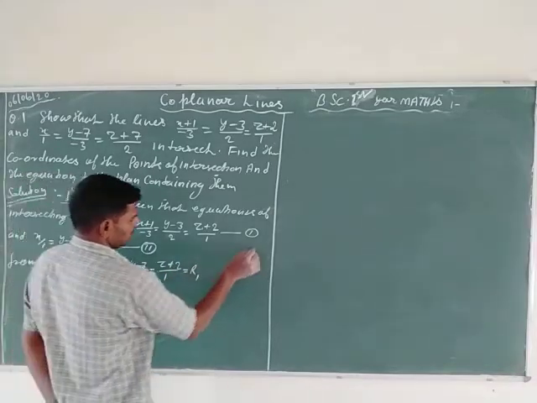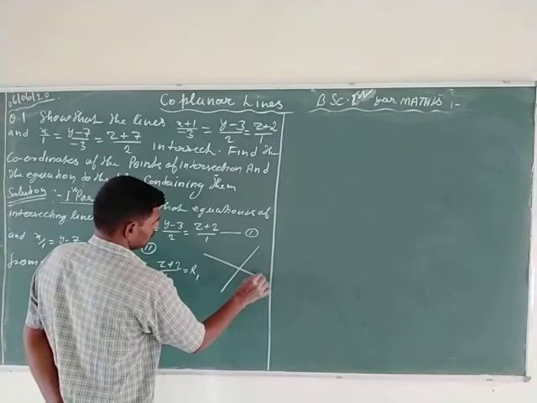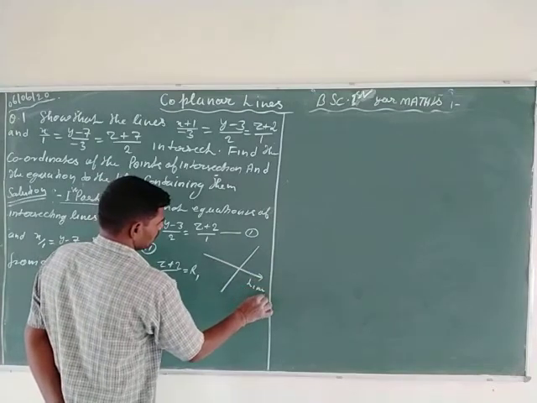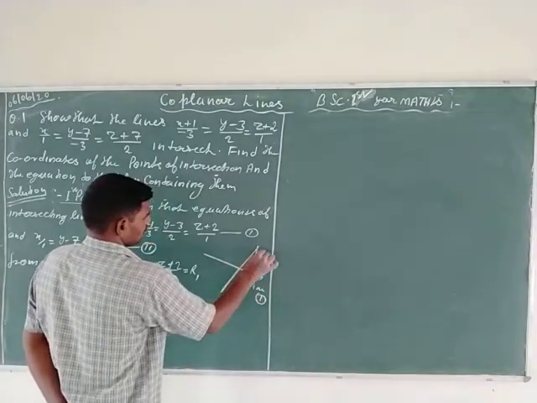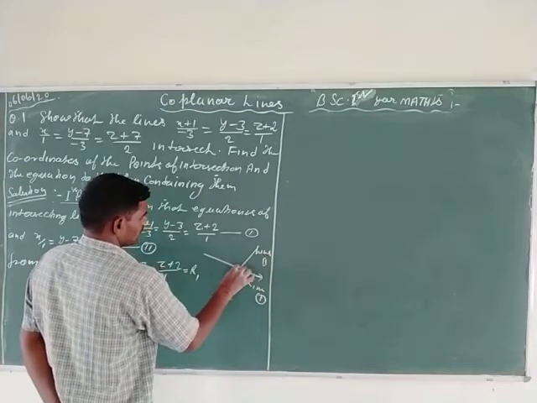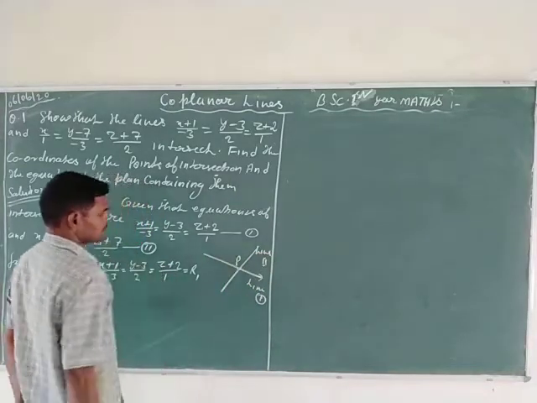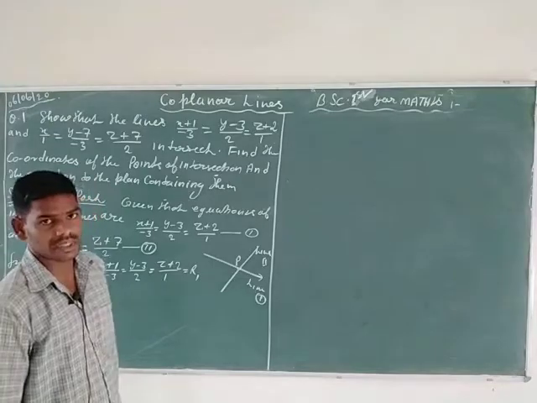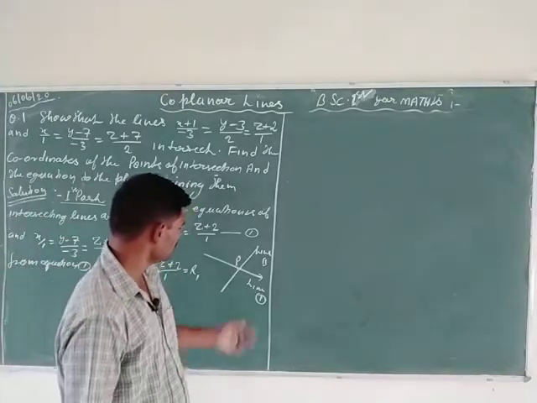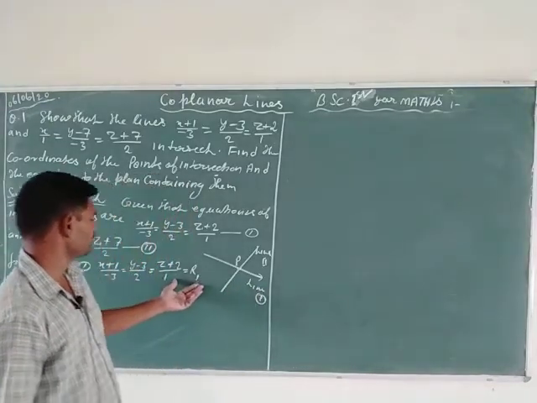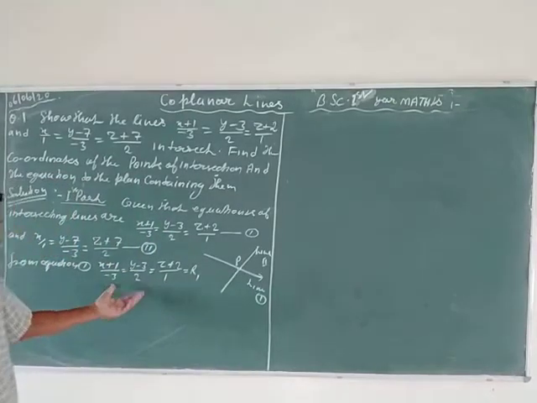Here I want to draw a figure in which suppose that is line first and that is line second, and suppose that is the intersecting point P. In the first line, the coordinates of intersecting point P are calculated by this equation.